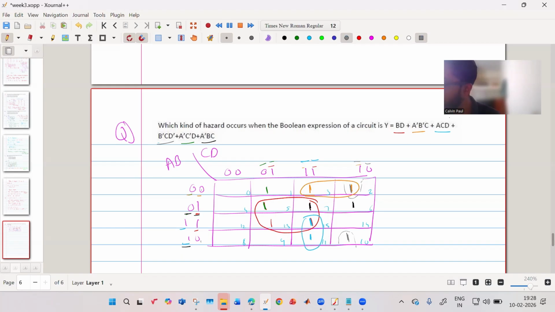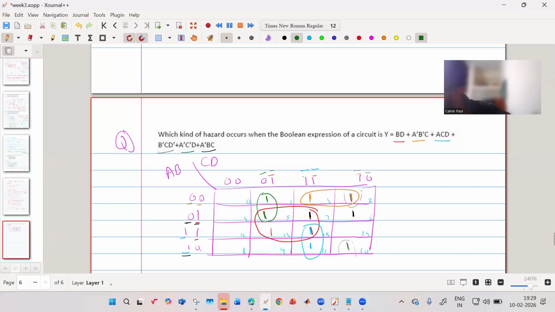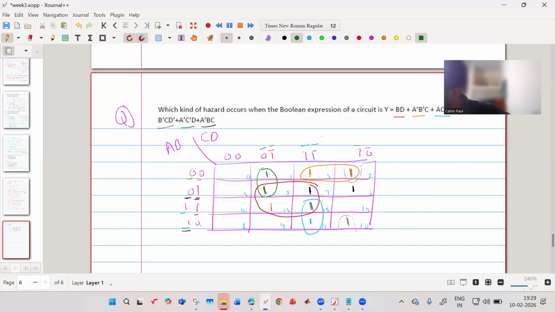Then you have A prime, C prime, D. This is your green. So this is your A prime, C prime, D. And you have your A prime, B, C. So this case.